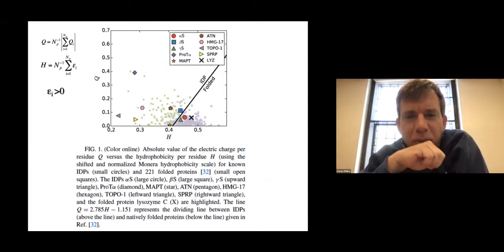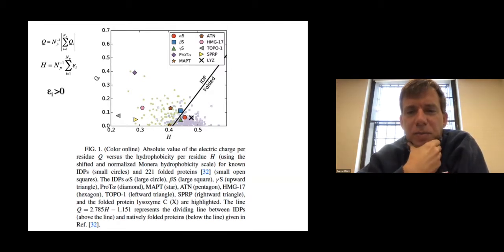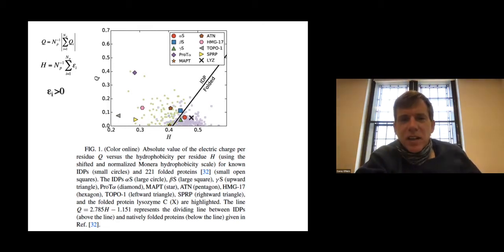So in prior papers, what I show in this table are data from amino acid sequences. In the blue are proteins from the Protein Data Bank that have well-folded structures. So I just give the data point an HQ value from its sequence.